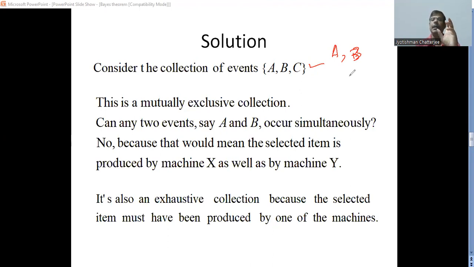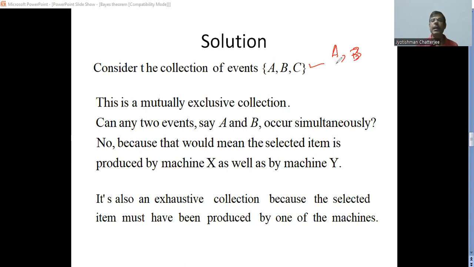That means there is an item which is produced by machine X as well as machine Y, because event A means the item is produced by machine X, and event B means the item is produced by machine Y. So the same item in that case is produced by machine X as well as machine Y, and that is not possible because one item is produced by one machine only.